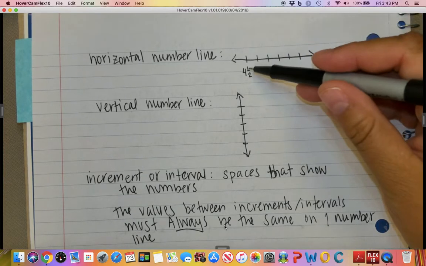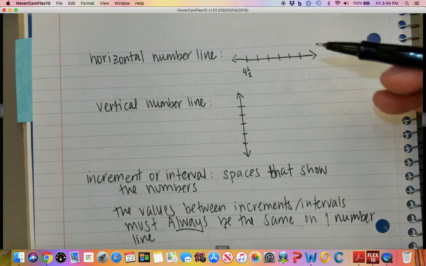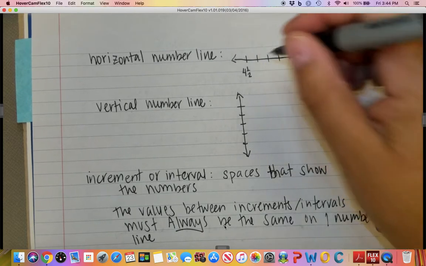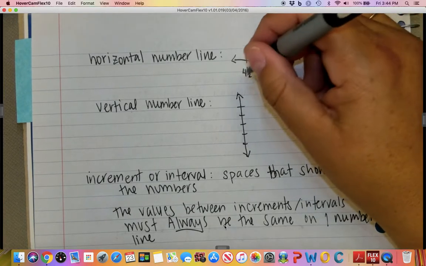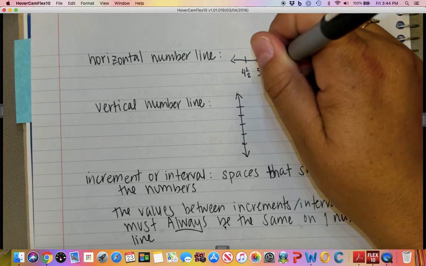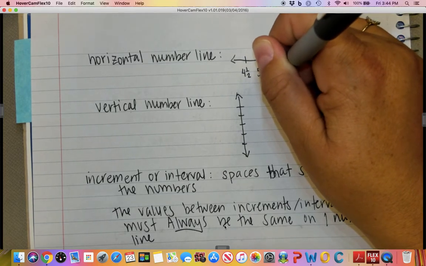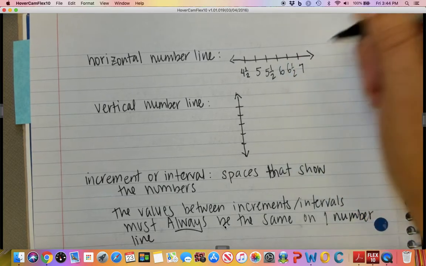But if I start with my 4.5 on my number line and I want to show numbers going up by halves, I can only do halves on my numbers. So this would be 4.5, this would be 5, this would be 5.5, this would be 6, this would be 6.5, this would be 7.